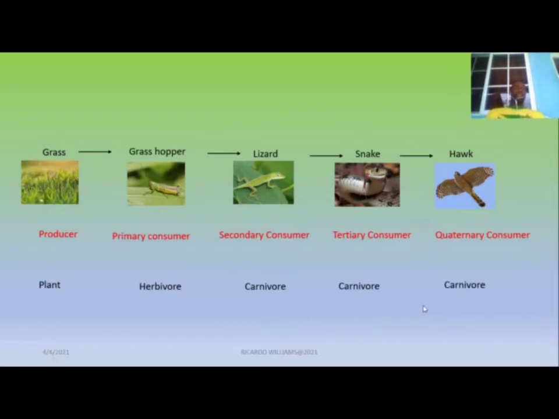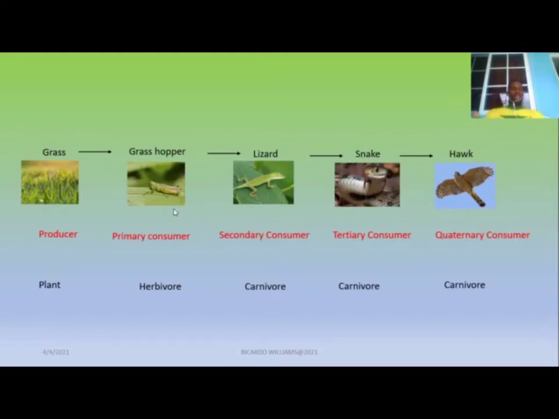As long as your example has the direction, the arrows and the arrowheads, and as long as your food chain has examples of animals that are realistic, that is fine. I don't want you to put in grass and then lizard, because you never see a lizard eating grass, but you might see them eating mango fruit or some other product of the plant.